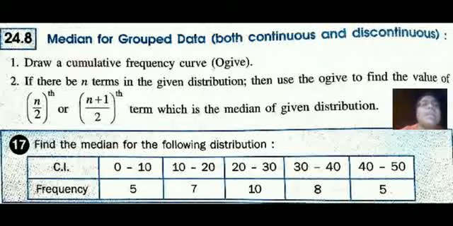So for that, you have to draw a cumulative frequency curve, or what we call an ogive.